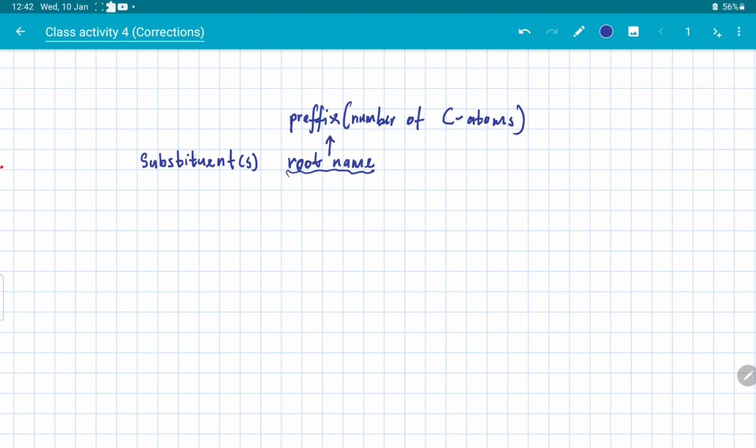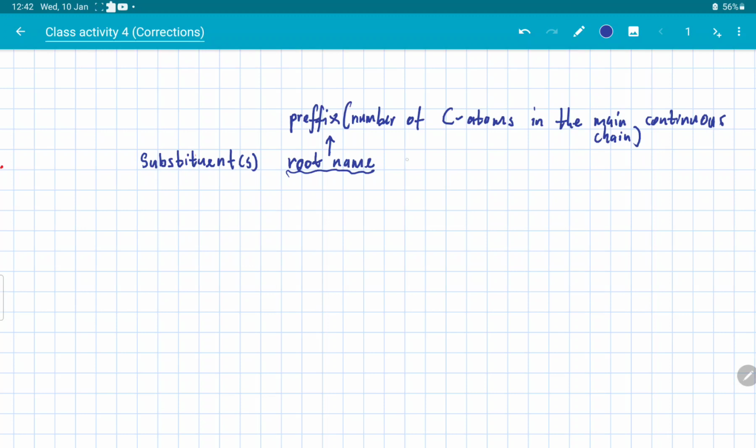So this is where you're going to have your meth, eth, but, pent, hex, hept, oct. That's where you are indicating the number of carbons in the main continuous chain.